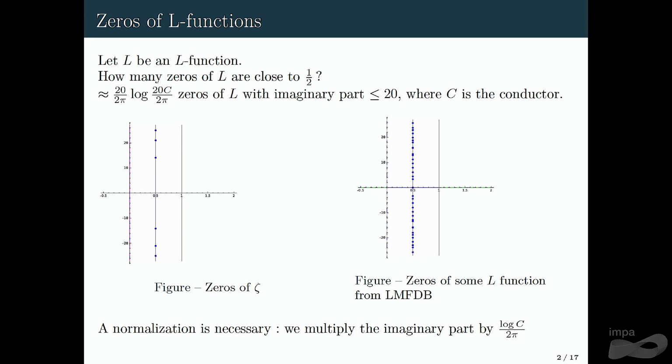So that's the thing we want to study: how many zeros are there in such a box?